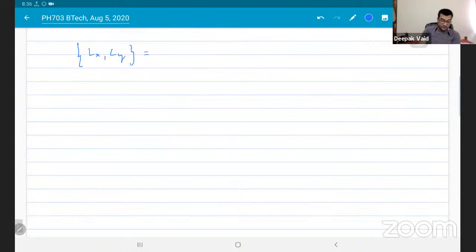X and y. So dLx by dx, dLy by dpx, dLx by dpx, dLy by dx. So this is for the x component, and I will have a similar one for the y component and the z component.